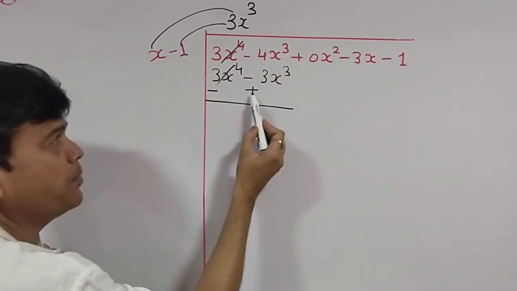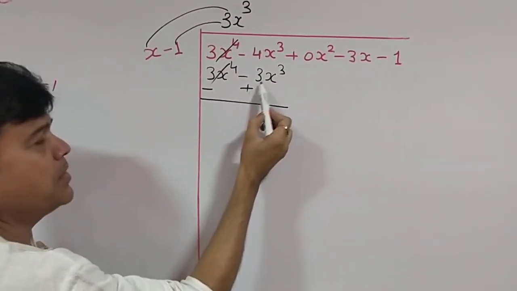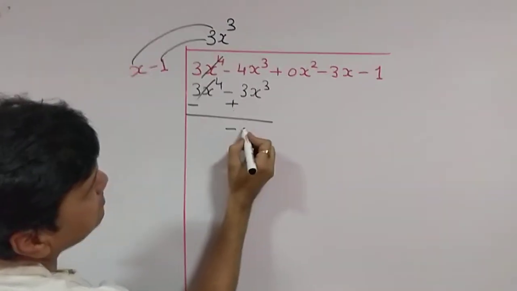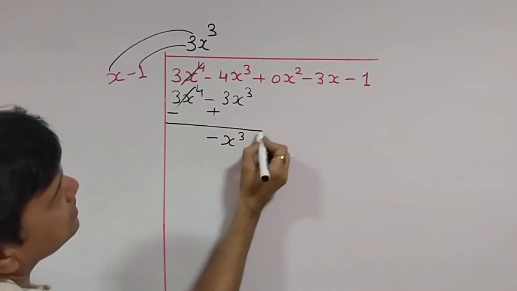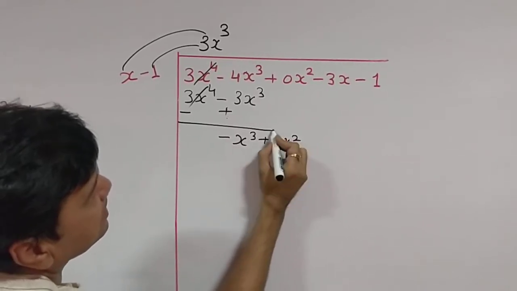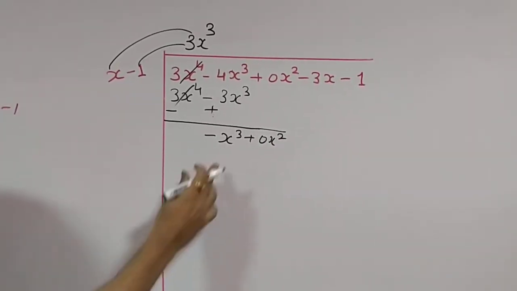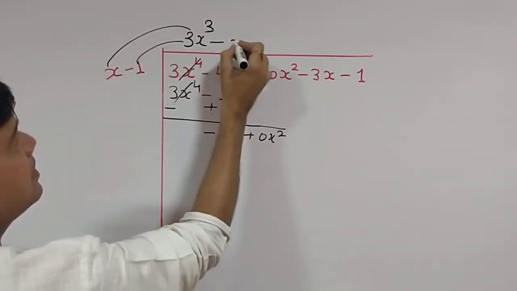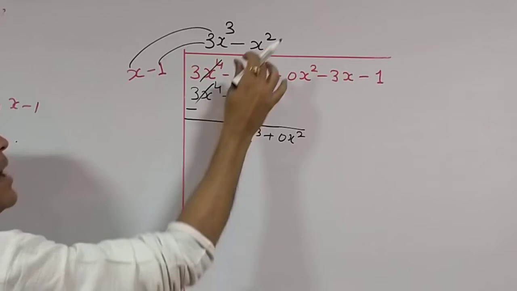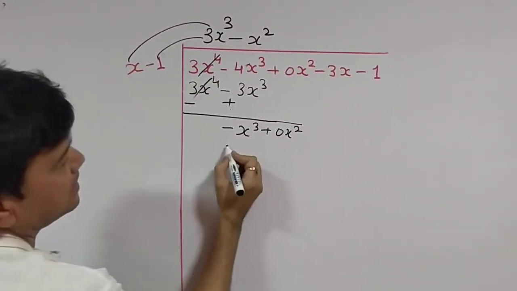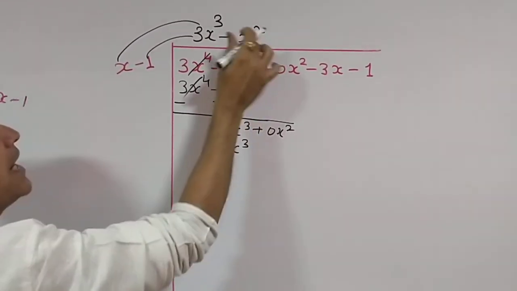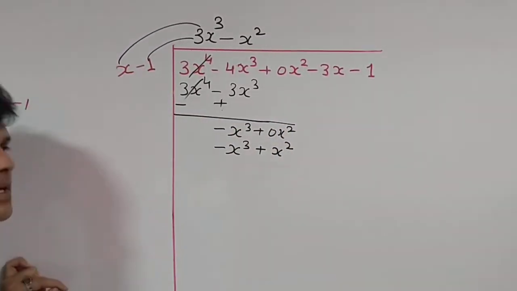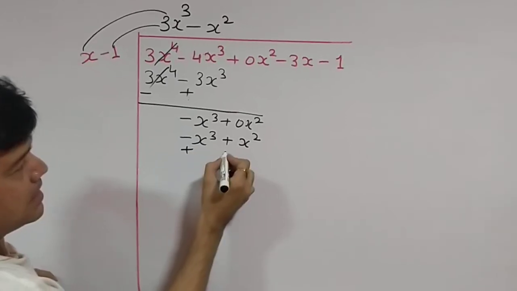Minus 4x cube plus 3x cube is minus x cube, plus 0x square. Now you want minus x cube and this is x, so multiply it by minus x square. Minus x square into x is minus x cube. Minus x square into minus 1 is plus x square, minus into minus is plus. Change the sign again.